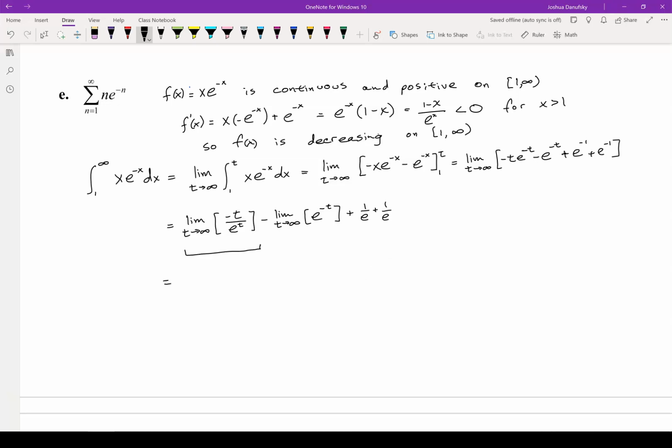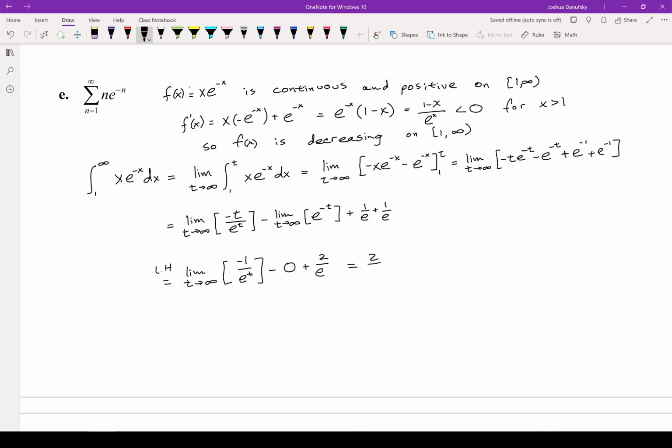With this limit, we notice that the numerator is going to negative infinity and the denominator is going to infinity. So we can apply L'Hopital's. This limit, as t goes to infinity, is going to 0. Now we take that first limit, and again we get 0.